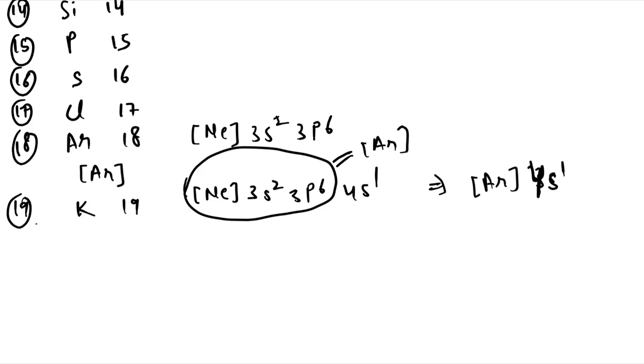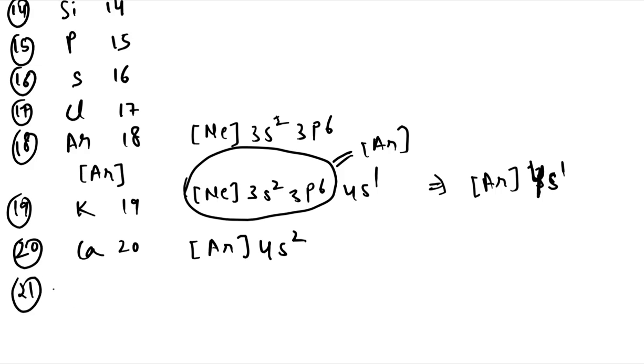Then the next one is calcium, 20. So we represent it as argon 4s2. The next one after calcium, we start with the d block elements. This is important. We start with scandium, Sc, and the available electrons are 21.